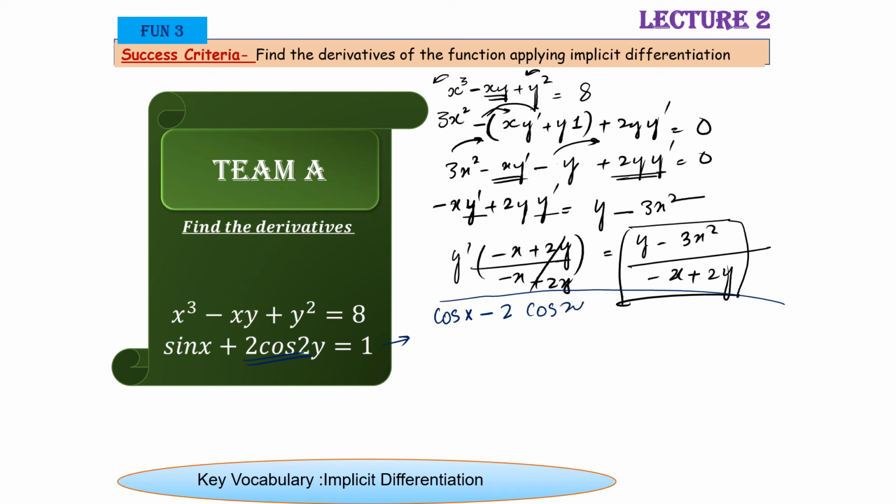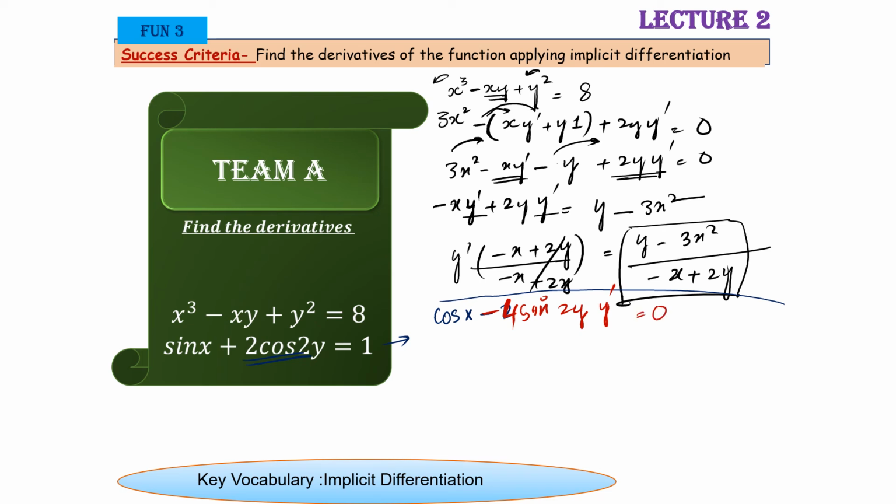Cosine changes into negative sine. So we will get negative 2, cosine changes into negative sine. That's why I put the negative here, 2y. And then we have the y prime. But the derivative of 2y is 2y prime. So 2 times 2 gives you 4y prime equals to 0.